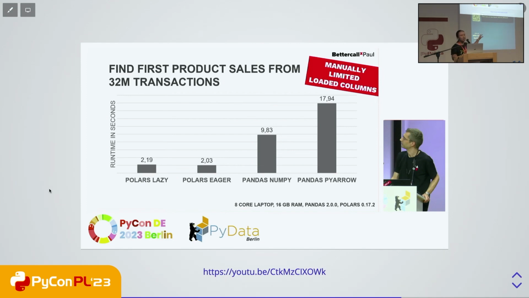You can see that the height is the time, so the taller it is, the longer it takes, so it's slower. Pandas with PyArrow is quite slow, and Pandas with NumPy is decent but still slow compared to Polars. If you use Polars with lazy loading and lazy collecting afterward, it's quite fast.